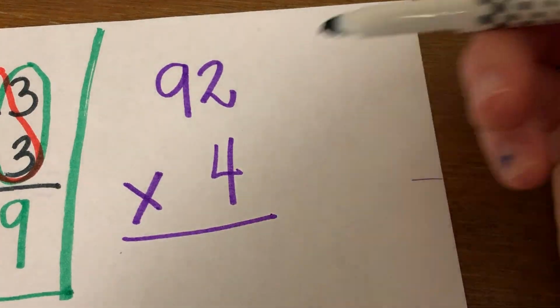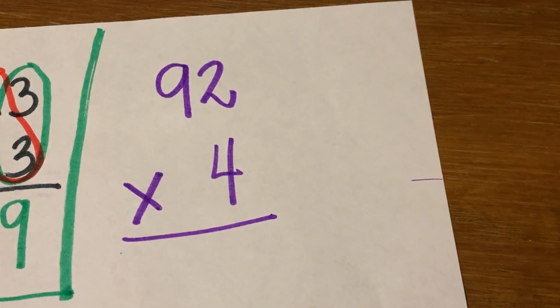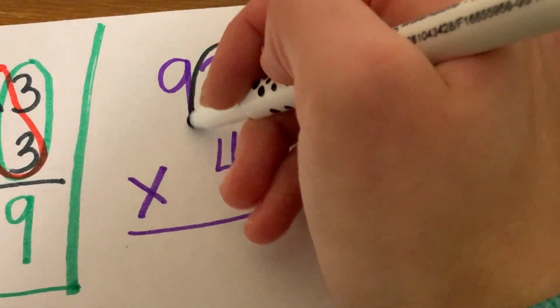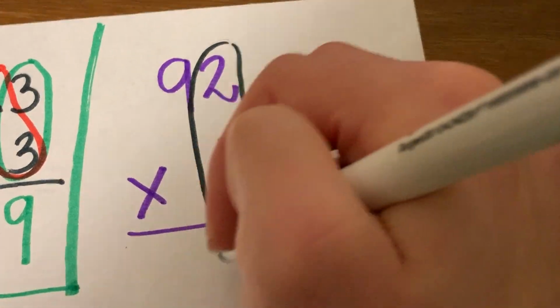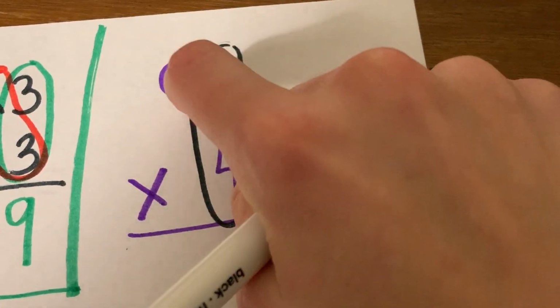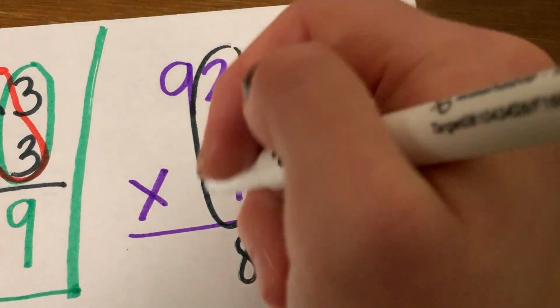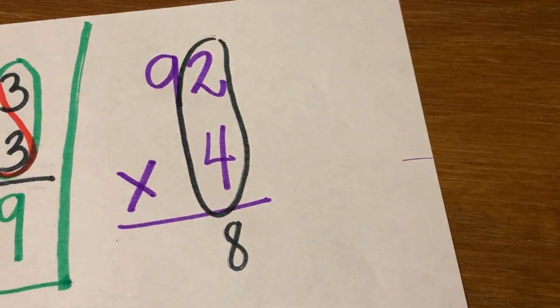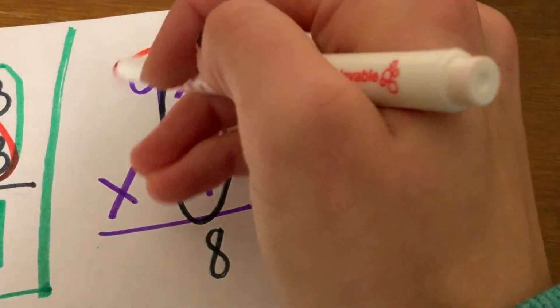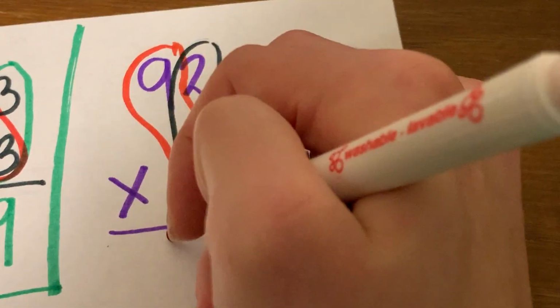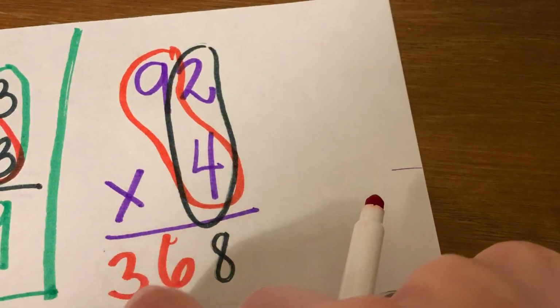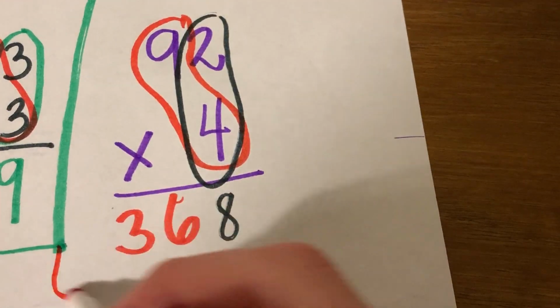My first step, try it yourself first. My first step is to do the 4 times the 2, which gives me 8. And then 4 times the 9, which gives me 36. So I'm going to draw that right here. And since there's no more other numbers to multiply, I can just drop that down there.